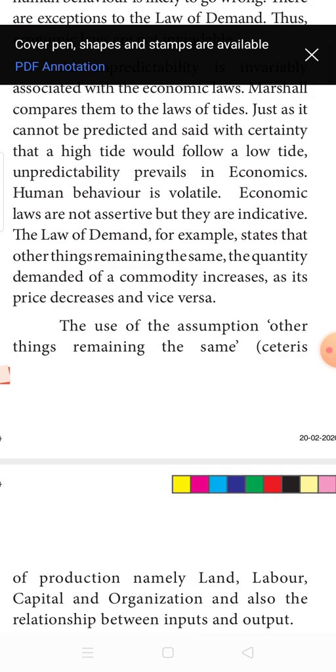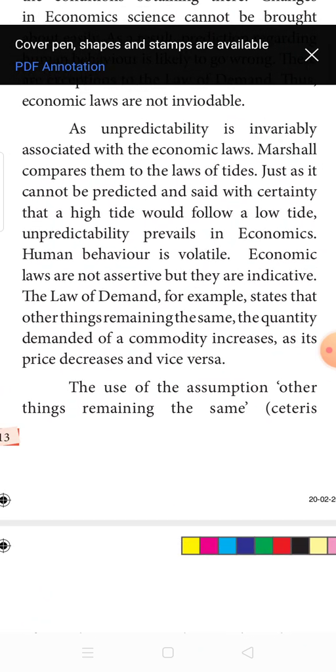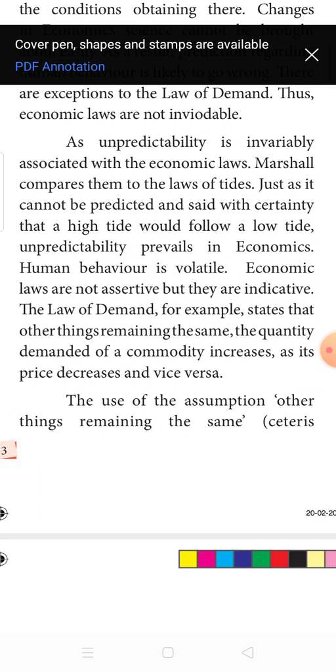If I feel like eating only, I will eat. If I feel like watching a movie only, I will go to the theater and watch the movie. Otherwise, I will not. So creating a demand is more indicative and less assertive. There is no confidence that this is likely to happen in this particular individual. So economic laws are not assertive and they are indicative in nature.